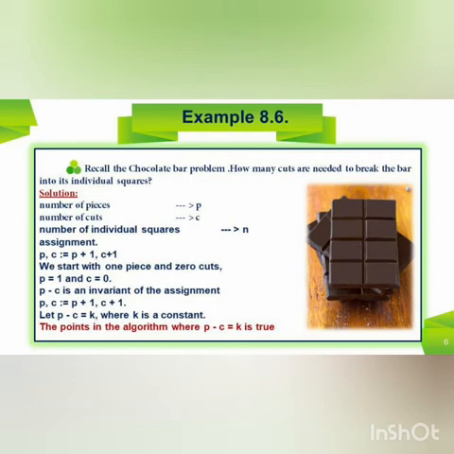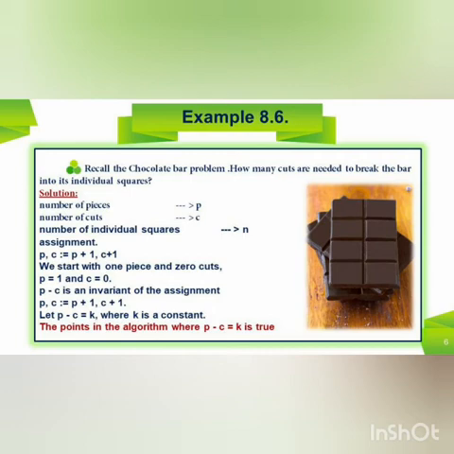Whenever a cut is made, the number of cuts increases by 1 and the number of pieces also increases by 1. So, each time you do this process, the value of pieces and the value of cuts both increase: p, c = p + 1, c + 1.